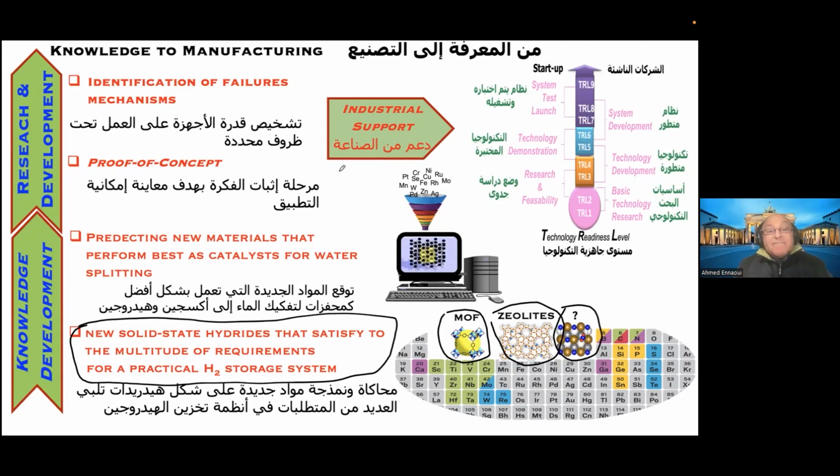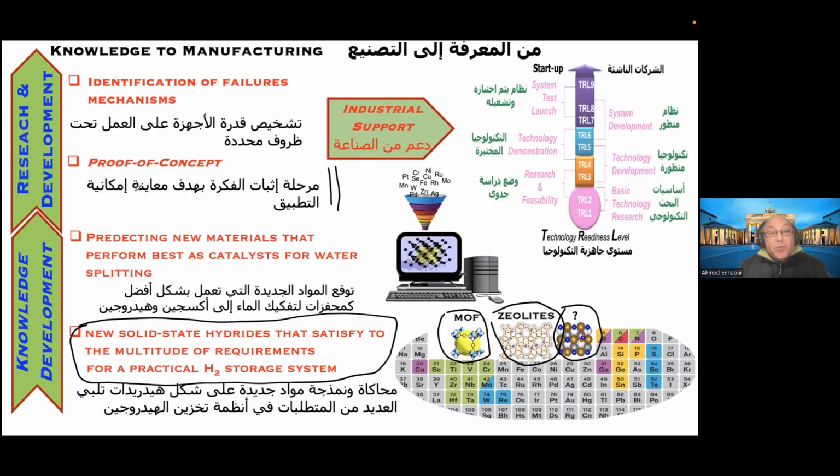And then whatever you do during the knowledge development, you have to do some experiment to make a proof of concept. This means you select some material, you test it, and you see that you can produce, for example, hydrogen in case you are looking for a catalyst, or you can store some hydrogen in case you are working on a hydrogen storage system, and then you characterize your material accordingly.